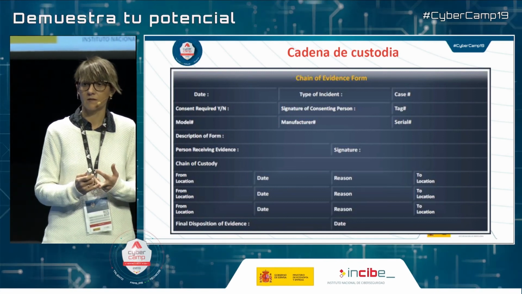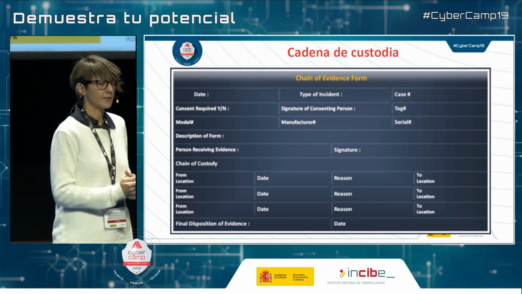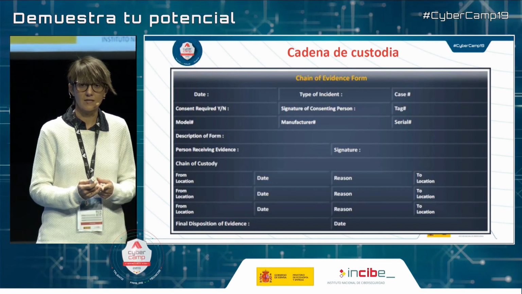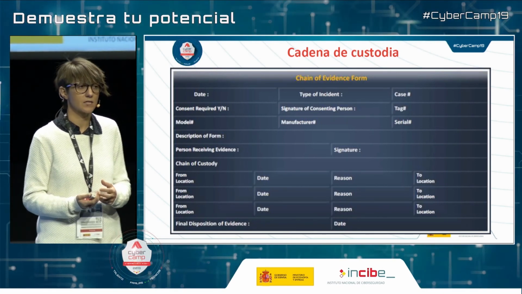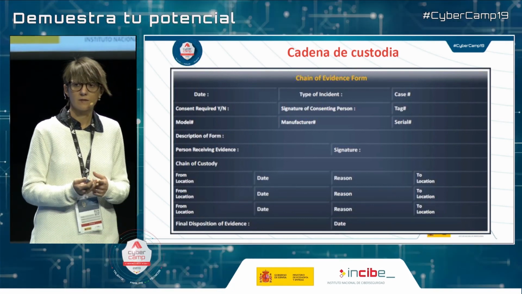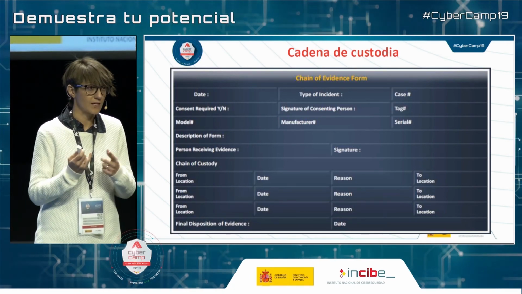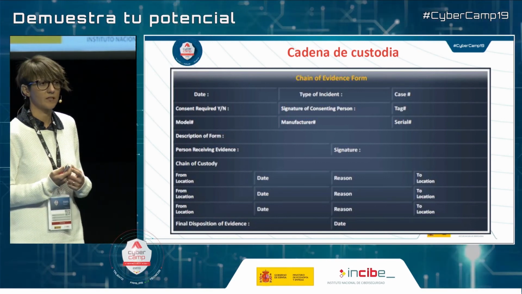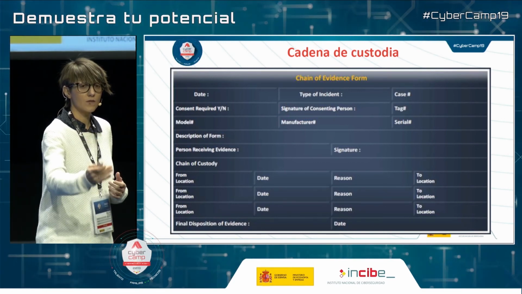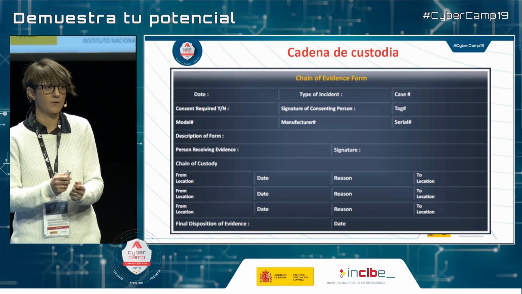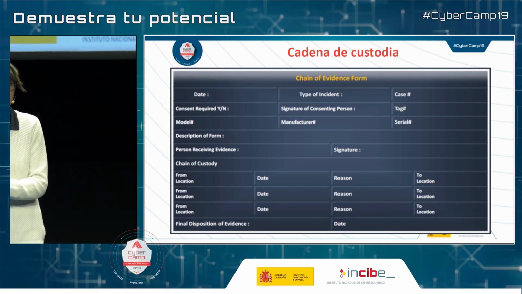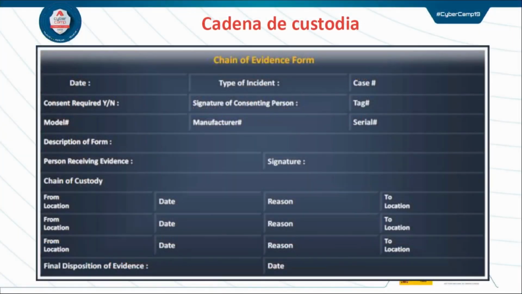Who is the manufacturer, the serial number, the model of a device, who is collecting the evidence, who was present at the scene when the evidence was being collected, the actual location, the building, the room. All of this has to be taken down in this document. Where the evidence is being taken, if it's being taken to another place in order to analyze it. So where is all of that being taken to? So obviously the hash for all of the different pieces of evidence.